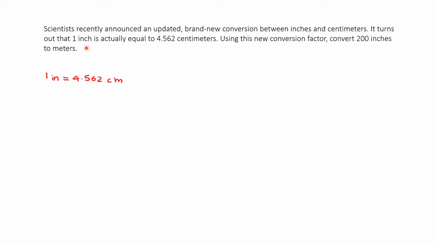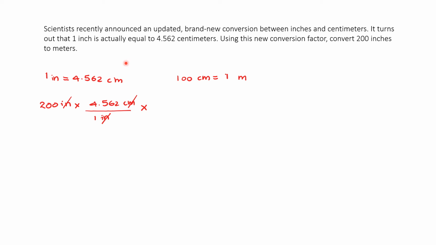So let's write down the facts that are given. 1 inch is equal to 4.562 centimeters and we know 100 centimeters equal to 1 meter, because we have to find a connection between centimeters and meters as they ask the final answer in meters.